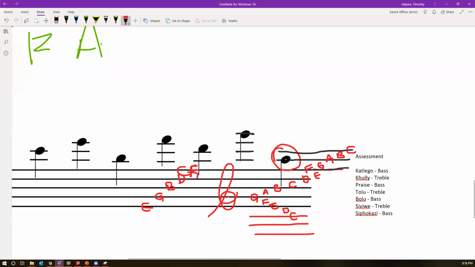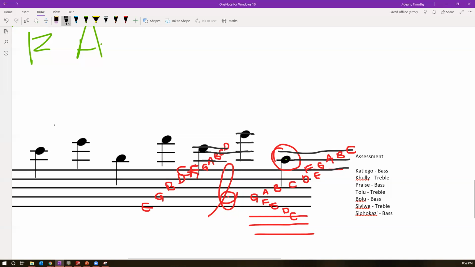Now we know that that's F, so we can just continue to say F, and that space will be G, that space will be A, because we're not going to H, we're going back to A. We continue B, C, and then this note here is D, because if we extend that line there, and extend that line there, this note is on the space of this D. Do we understand? Is it clear?